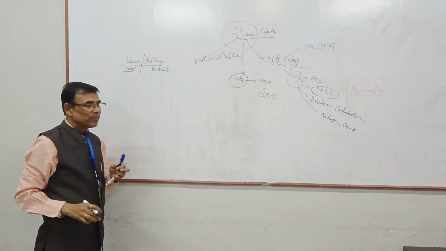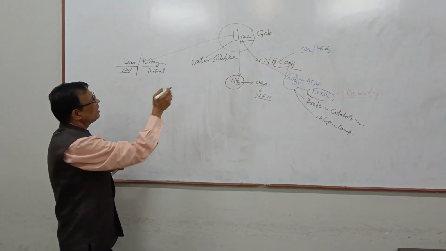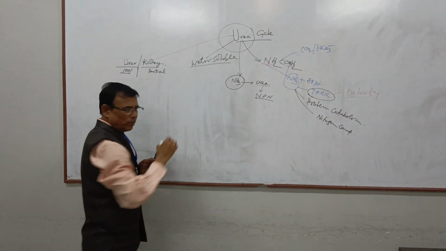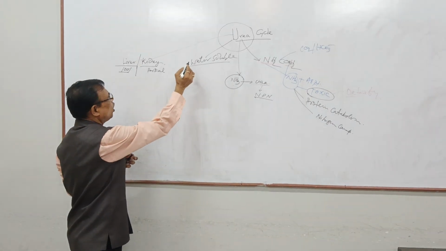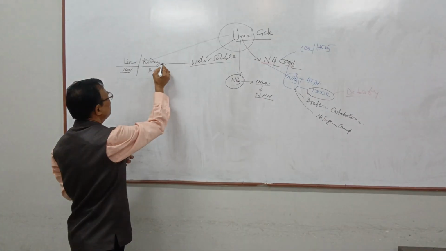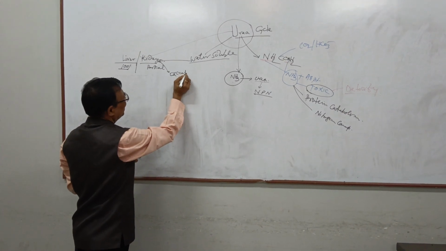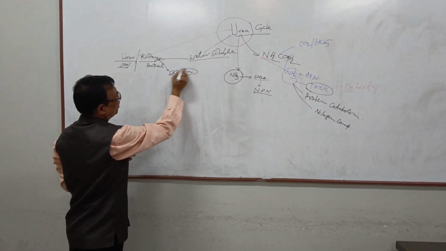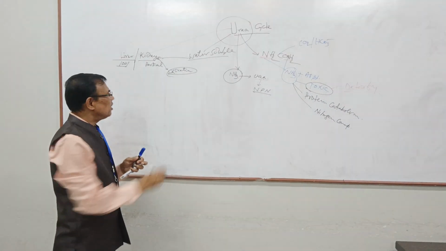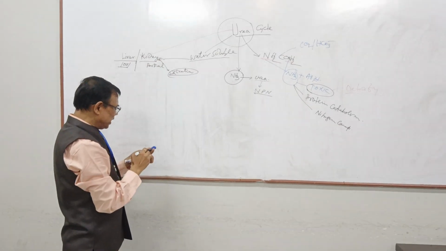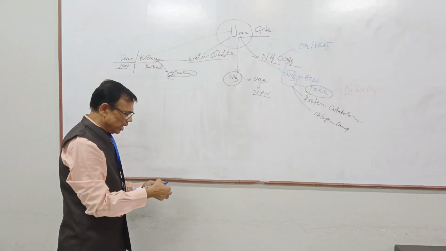Another piece of information: urea is a water soluble compound, so it is excreted through the kidney. Here 2 points are very crucial, which we will discuss later in the clinical part.